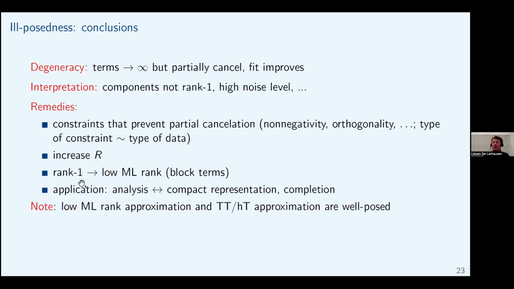Or maybe you are looking for rank 1 terms as underlying variables, but there are no underlying variables that take the form of a rank 1 term. There are some underlying variables, but they have a less simple structure, and so on and so forth. So what is often presented as a problem is actually also something that you can use to your own advantage.